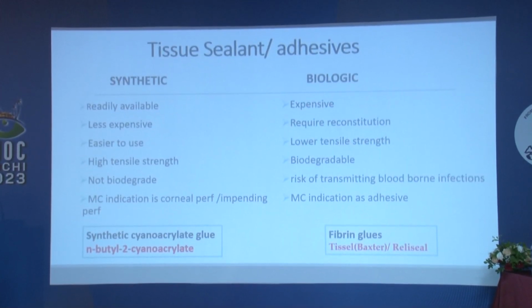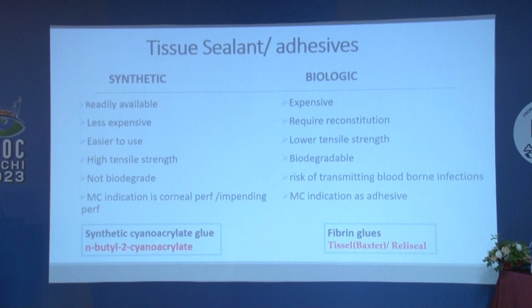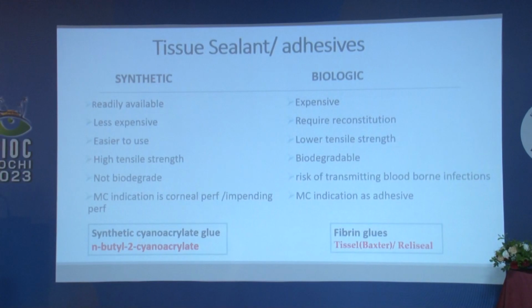Coming to glues first, there are two types available: synthetic and biological. The synthetic one is easily available, inexpensive and easy to use, and it has a high tensile strength but is not biodegradable. So it has to be used for external surfaces only, not for intraocular purposes, and the most common indication is corneal perforation.